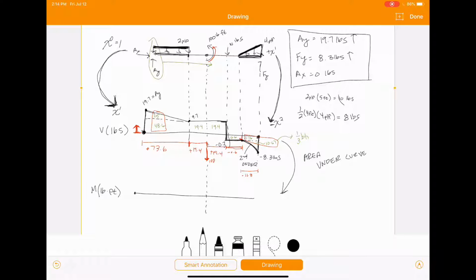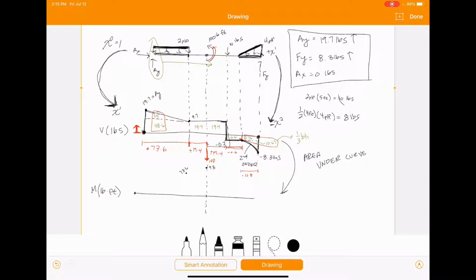And then we've got to go up to 73.6. And then we're going to add 19.4 to that 73.6. And we're going to get 93.